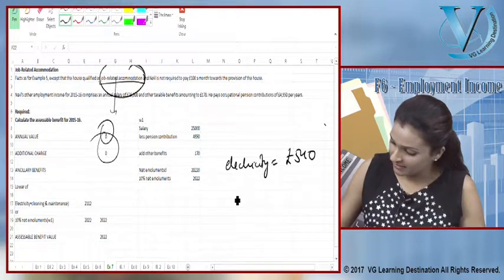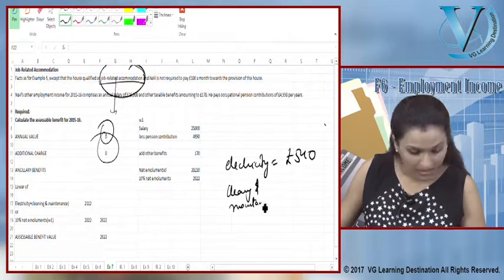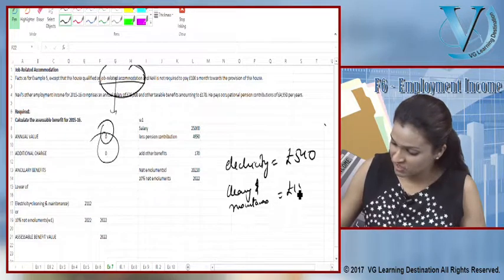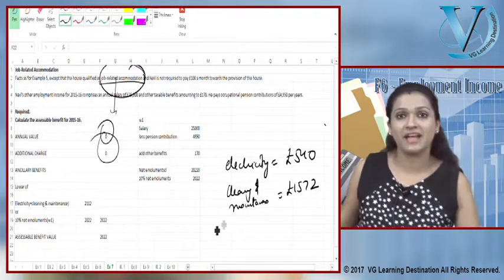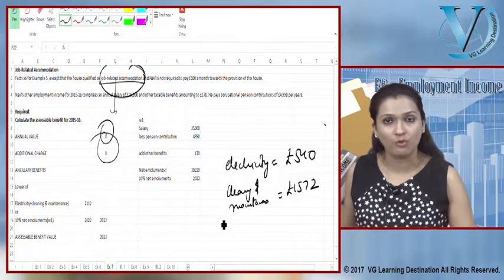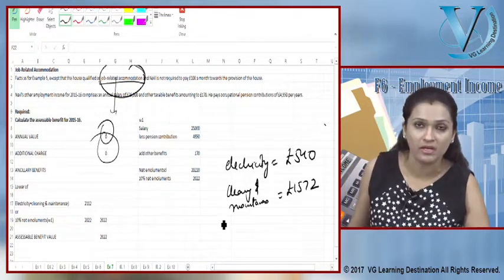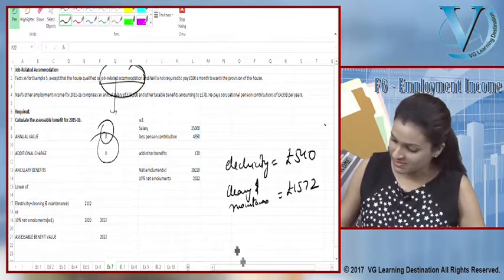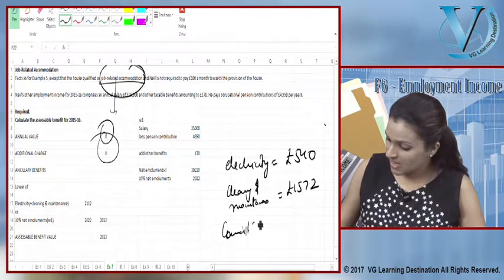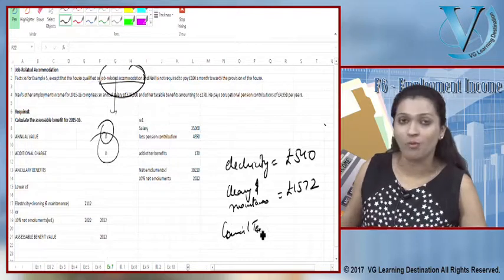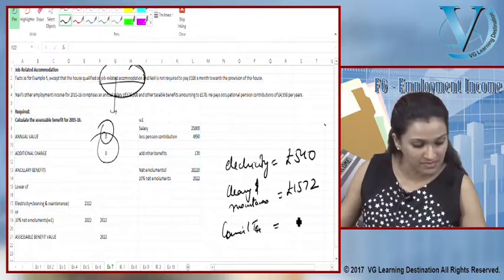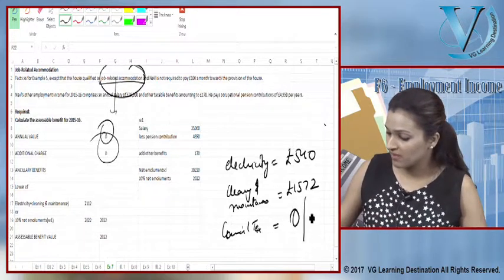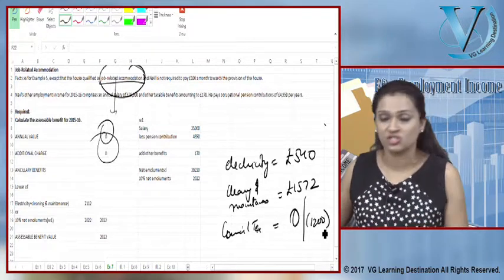Then we had cleaning and maintenance equals to 1572. Structural repairs would not be borne by the employer, so you can ignore them. And council tax, because this is now a job related accommodation, actually becomes 0 instead of the £1,200 it was originally, right?